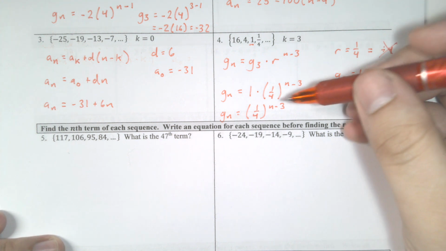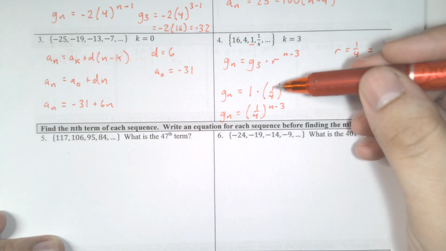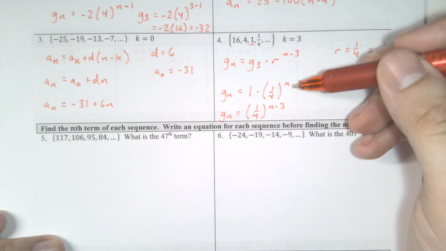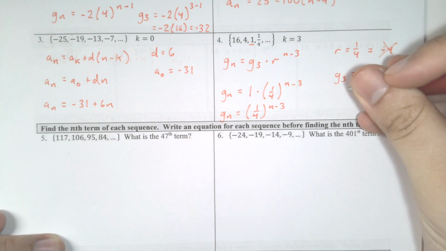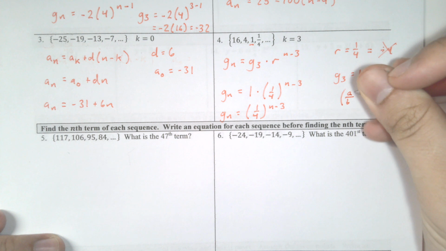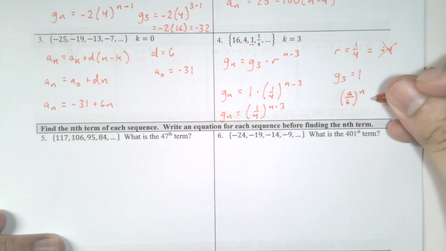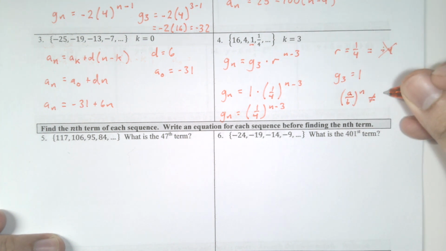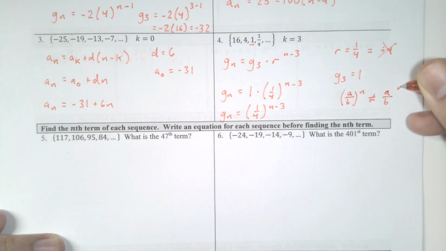Something to note here is that please be sure to put parentheses around any fractions for your ratio, because if you have some fraction a over b to the power of n, this is not equal in general to a divided by b to the power of n.